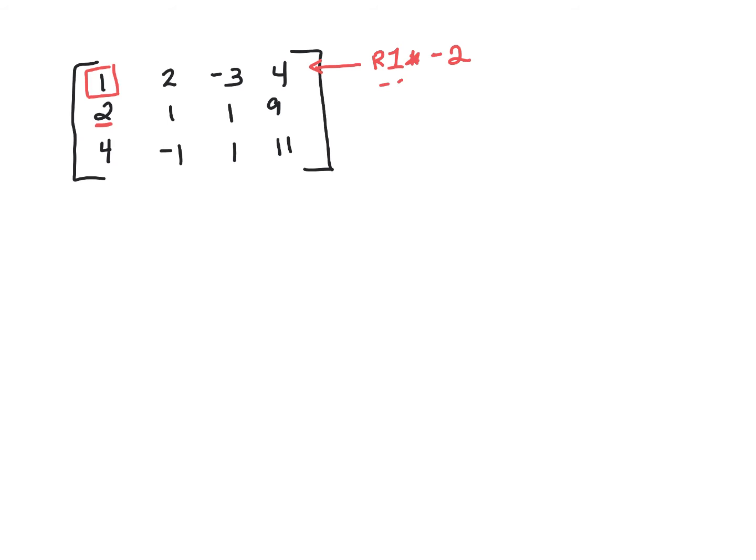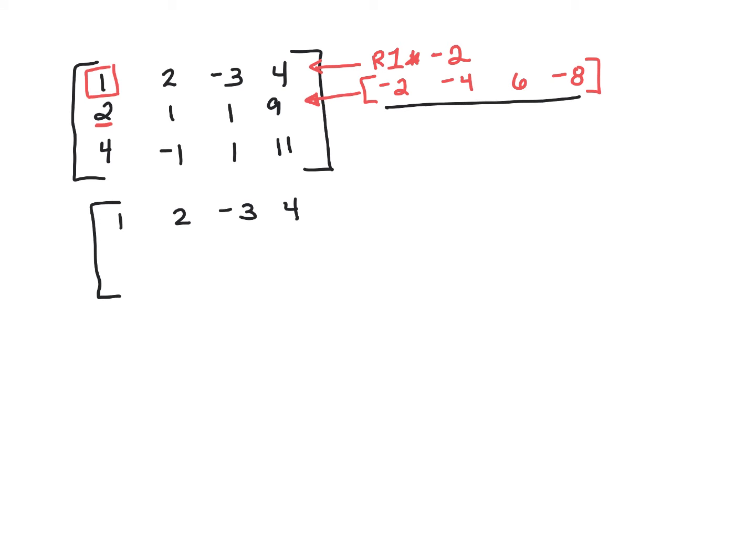That's going to give me negative 2, negative 4, 6, and negative 8. And I'm going to add this to this second row. So I'm not going to change my first row. And I'm going to add this red row to this second row, and that's going to give me 0, negative 3, 7, and 1.